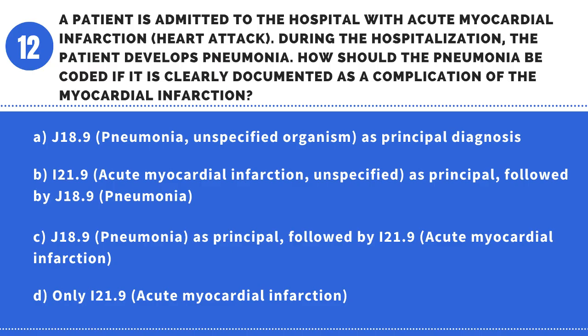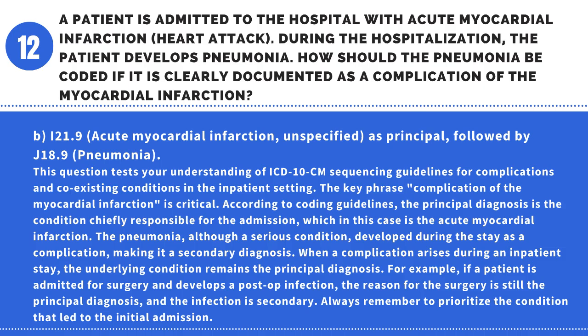C. J18.9, pneumonia, as principal, followed by I21.9, acute myocardial infarction. D. Only I21.9, acute myocardial infarction. Answer B. I21.9, acute myocardial infarction, unspecified, as principal, followed by J18.9, pneumonia.